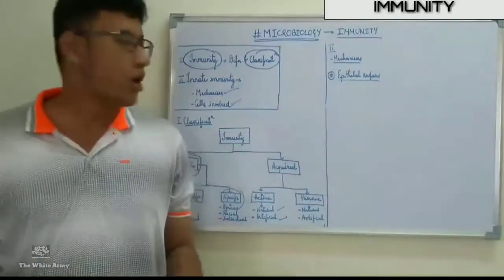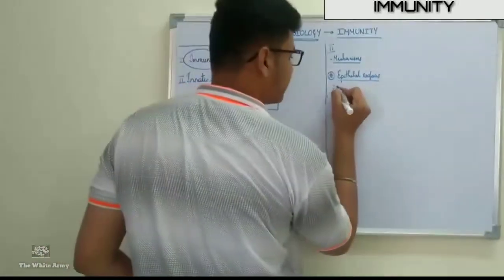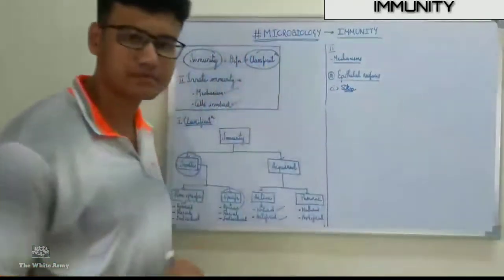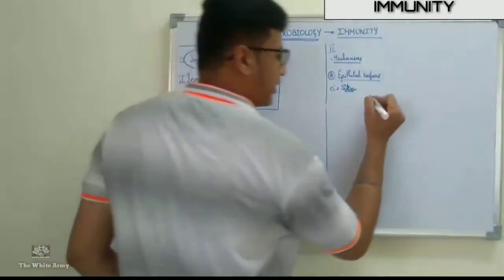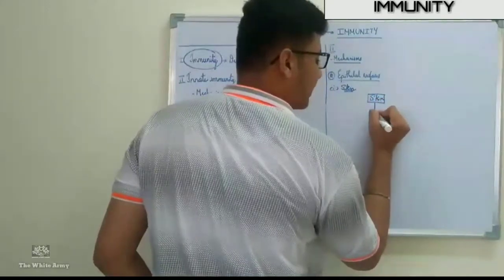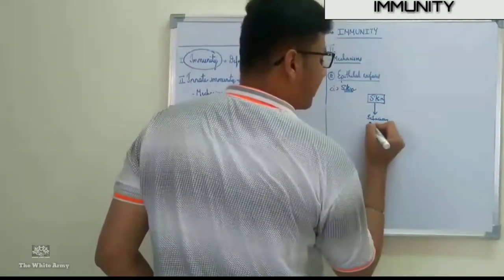When it comes to the epithelial surfaces, for example, skin. In skin, there will be secretions from glands such as sebaceous glands and sweat glands.